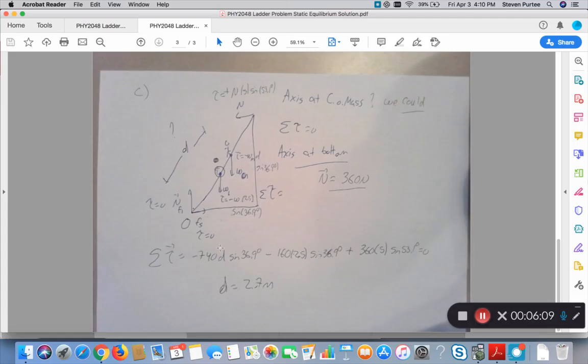Notice for the guy I've got a d in here. Notice for N, I've plugged in the maximum frictional force, 360. We solve and we get 2.7 meters. So he's past the center of mass. He's more than halfway up the ladder. If he goes any further, the frictional force here will overcome the maximum frictional force and it will start to slide.